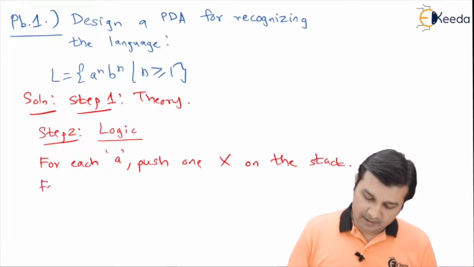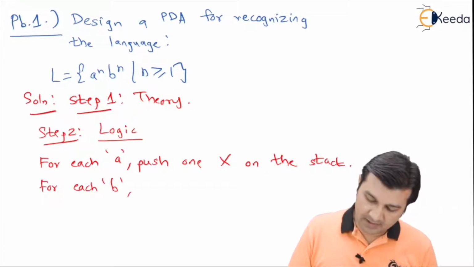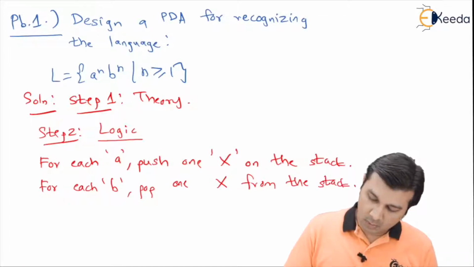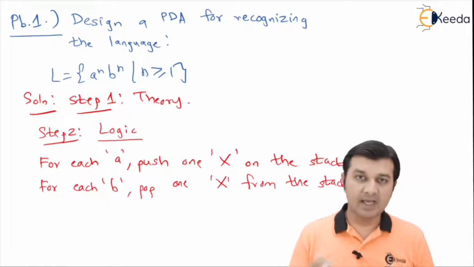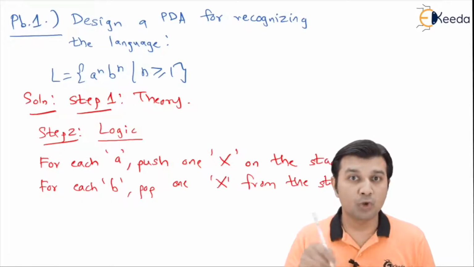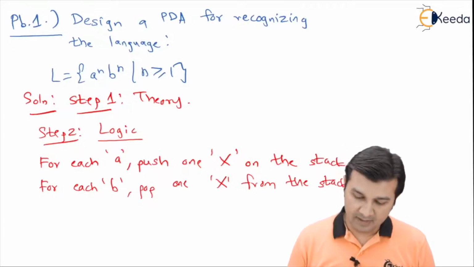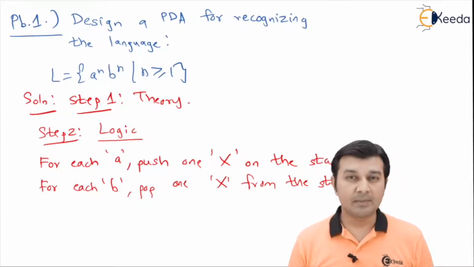Similarly, the second part of the logic says for each b, pop 1x from the stack. Now what is this x? This x is going to be something that will be pushed onto the stack, so it is a stack alphabet. Fine. Now after this, my step number 3 is going to be the actual implementation.